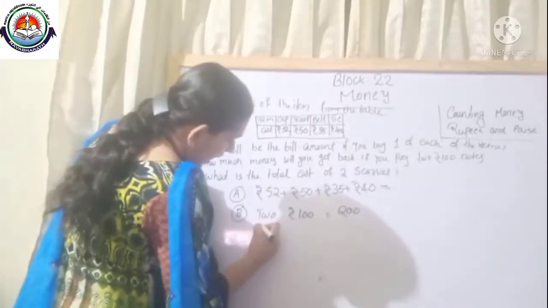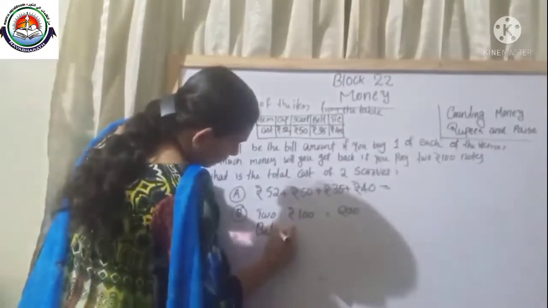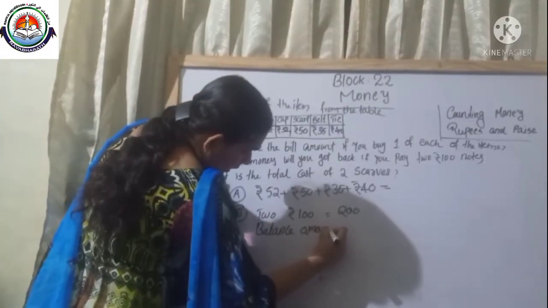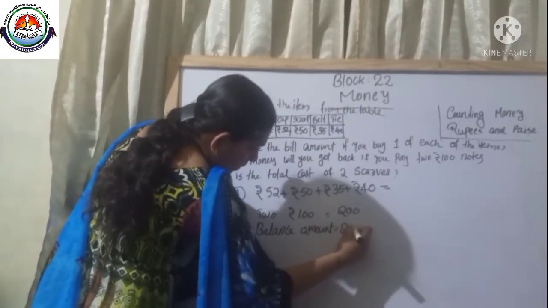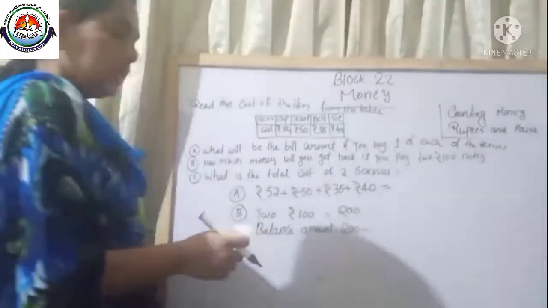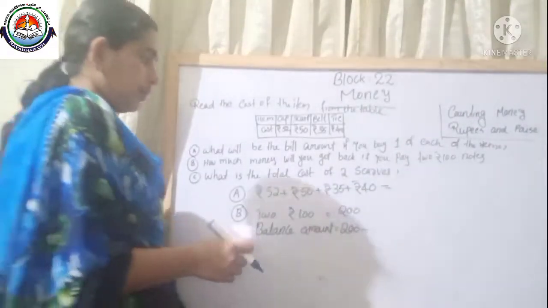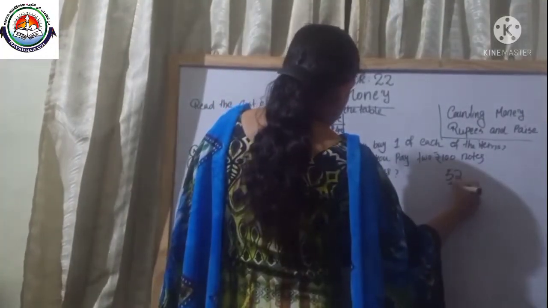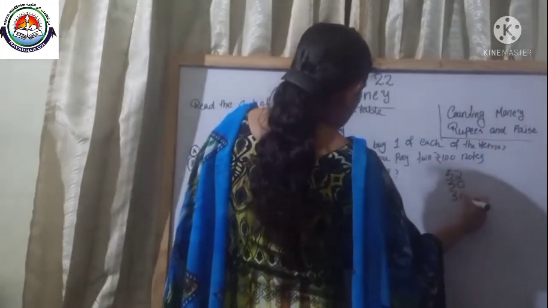So balance amount is equal to 200 minus the total number. That total number you want to subtract. So 52 plus 50 plus 35 plus 40.